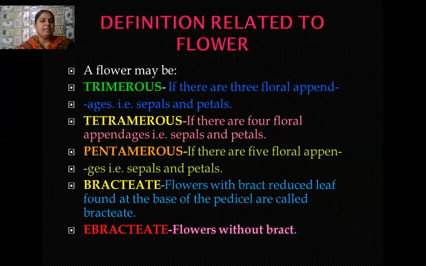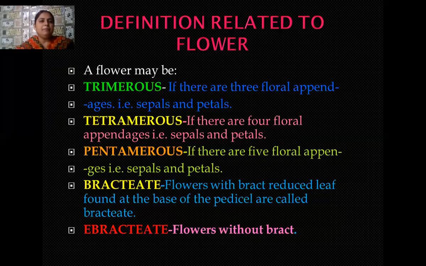What are bracteate flowers? As you know very well, sepals are the green leafy part of the flower. But sometimes some minute leaf-like structures are also present at the base of the pedicel.